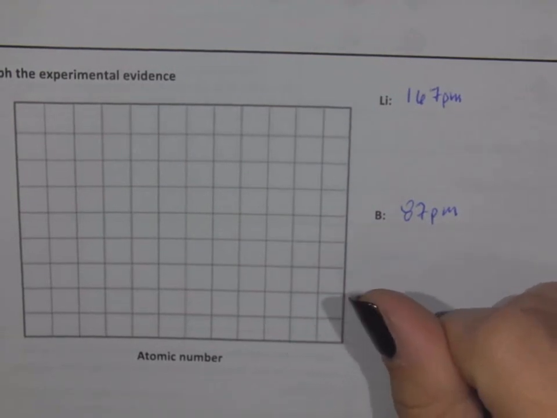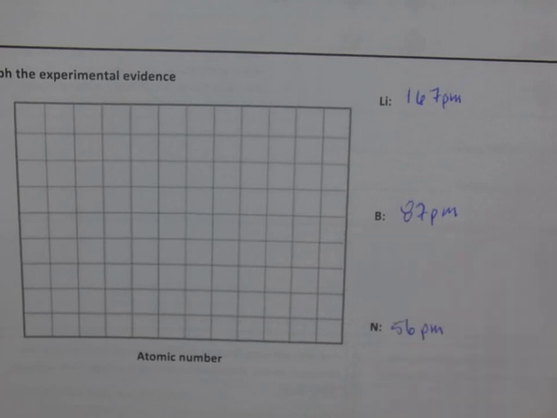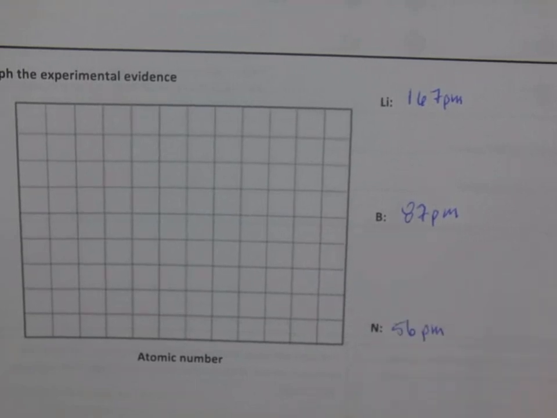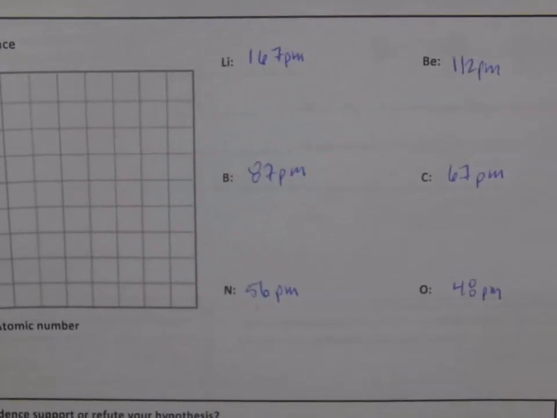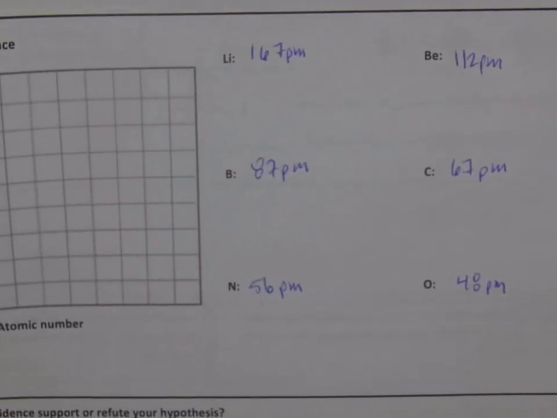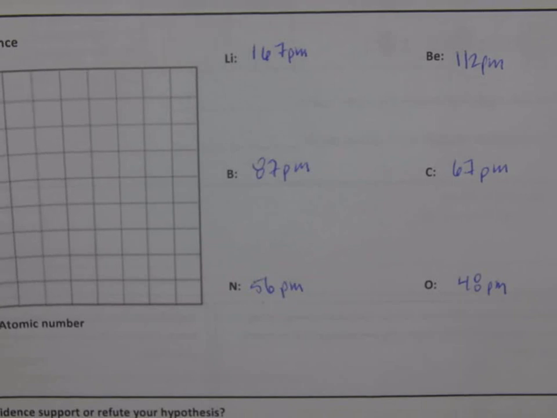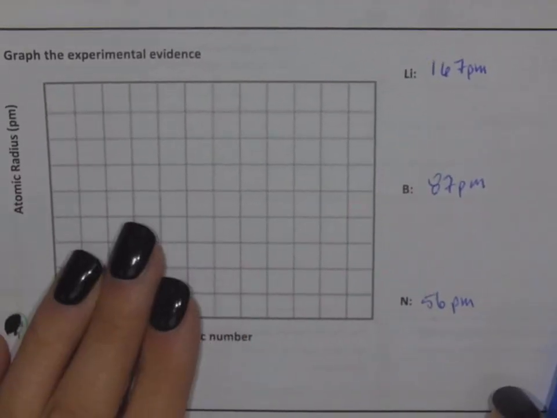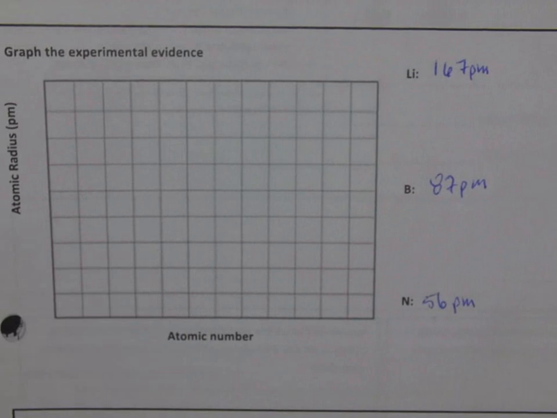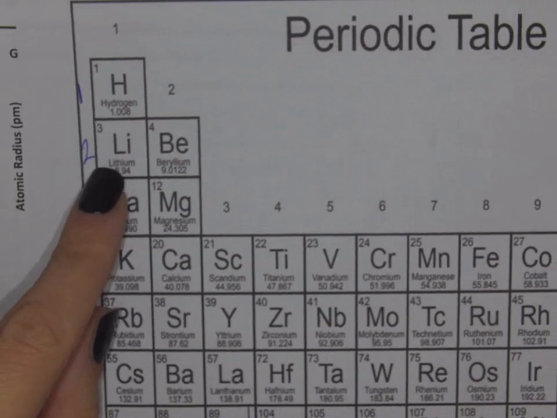Nitrogen, 56 picometers. And oxygen was 48 picometers. Okay. So there's those. Just like before, I want you to use this data and I want you to graph that. Bar graph, line graph, scatter plot, however you're going to do this, but I want you to graph that data. All of these items were located in period 2.